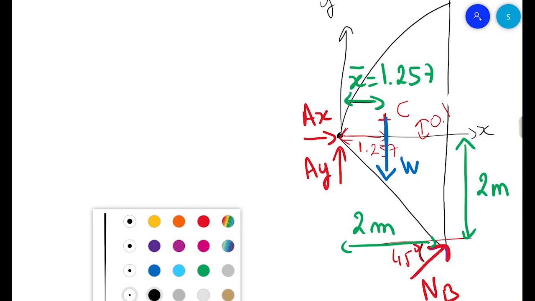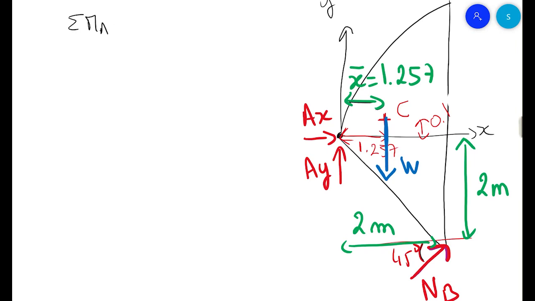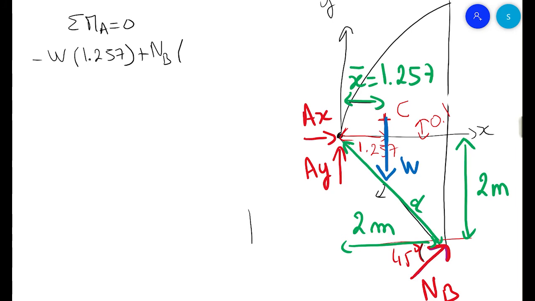Let's solve for the sum of the moments about A equal to 0. So we have, in the negative direction, minus W times 1.257, and plus, you know what? Instead of using 2 and 2 and the complement, let's use the perpendicular distance, this one, the distance D. So it's plus NB times this distance D, the hypotenuse of a little triangle that is 2, 2.